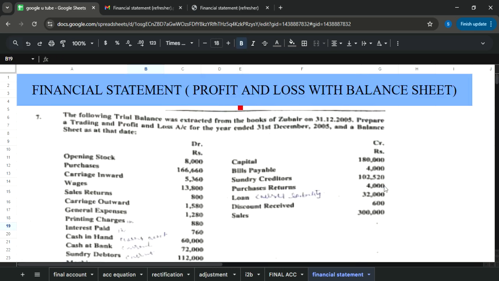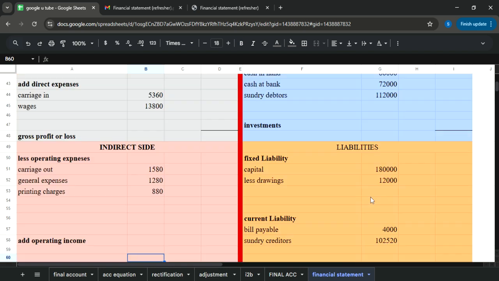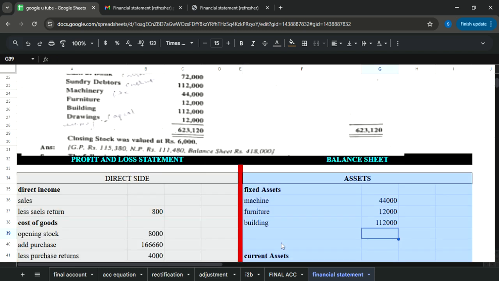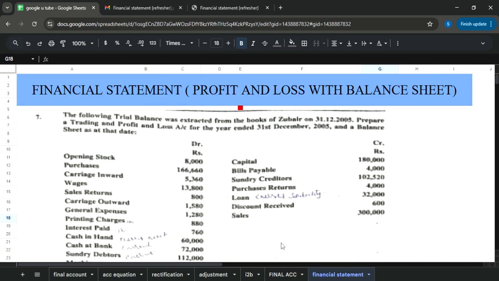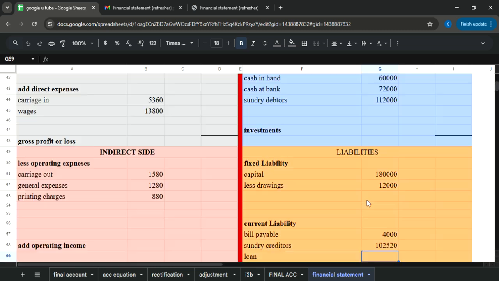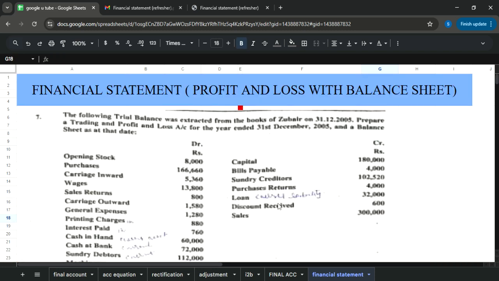Then we have loan, which is also liability. So here you will come to current liability side. Loan can also be fixed liability, but since it is not mentioned, so loan 32,000 would be written in current liabilities. Then we have discount received.